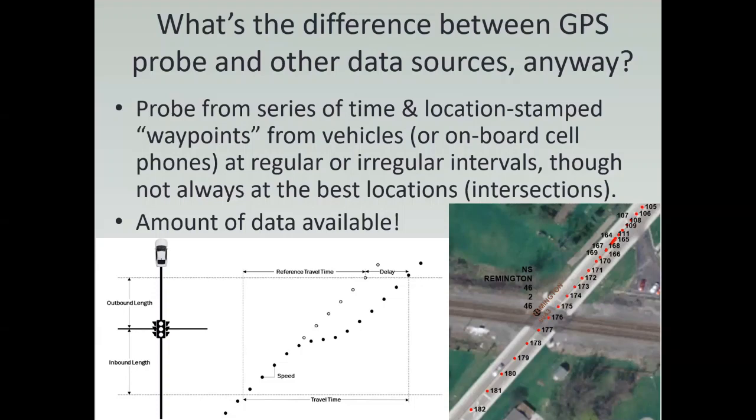But that's compensated for just by the sheer amount of data that we have available from GPS, and particularly with the connected car technology that's getting deployed out there, when you've got waypoints that are being emitted every 3 to 5 seconds.